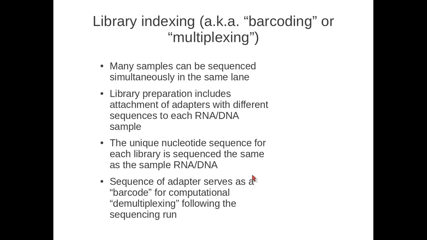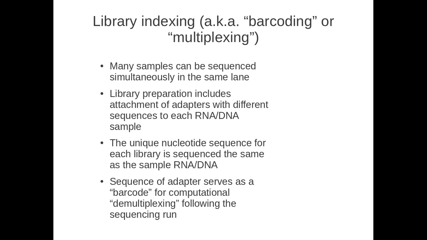Library indexing or barcoding or multiplexing, all of these terms refer to the same concept. This is where you have a lane, but you don't just have to sequence one library per lane, you can sequence many libraries per lane. The way that you sort out which sample is which is you add what we call a barcode to the adapters that are sitting at the ends of these fragments.